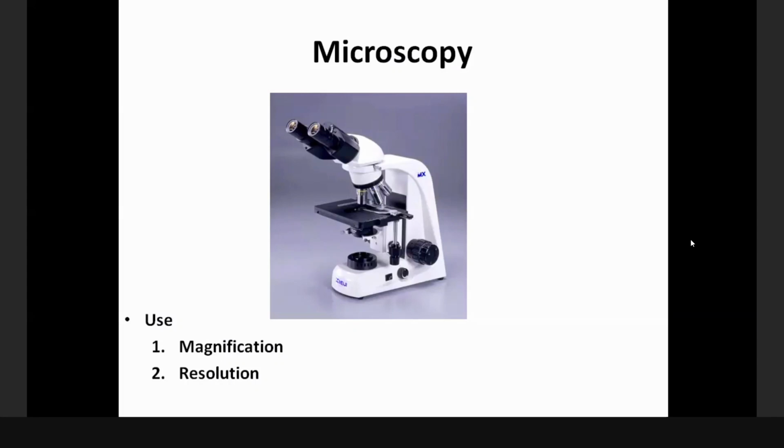It is just making your tissue appear not like the real one, but artificially bigger as well as closer. And resolution is making two separate things appear to you as remaining separate. That's what the details means.